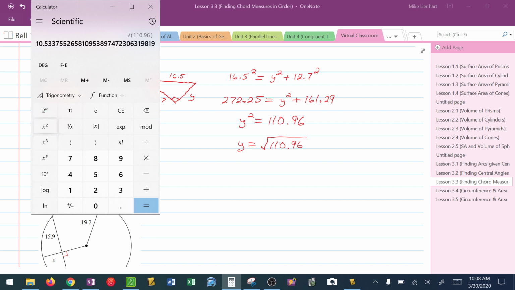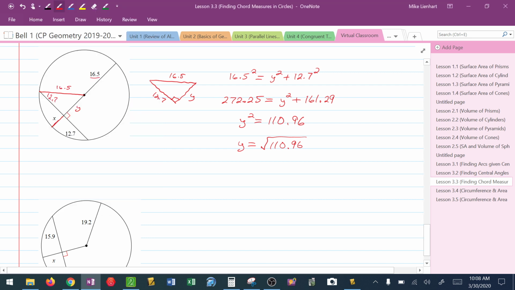And if I take that square root, I get that it's about 10.5. Now, that didn't find the measurement of x yet. Here's what I know. Like we said before, x plus y is the same as 16.5. We just found y to be 10.5. So x plus 10.5 is 16.5. And if I subtract 10.5, I get x is equal to 6.